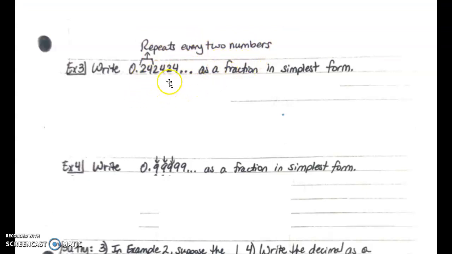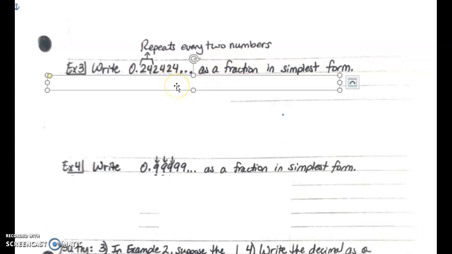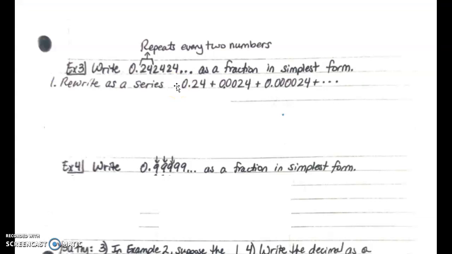So the steps on how to actually write this as a fraction in simplest form: the first thing you do is rewrite this decimal as a series. So you take each repeating number, so 0.24, that's the first set of repeat, plus 0.0024.